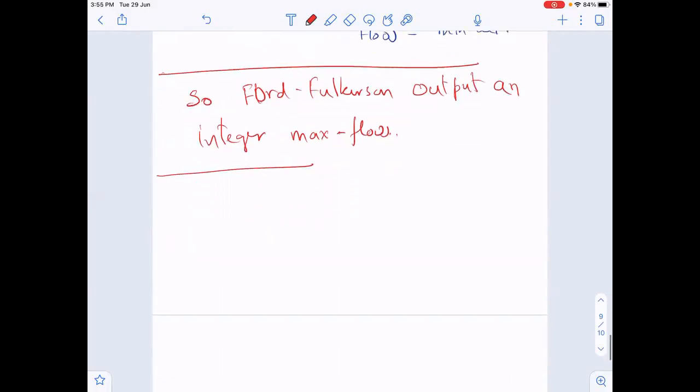Now, what is the running time of that algorithm? Running time, as somebody pointed out, is order of the summation of C of E, right? In fact, if you want, you can write a slightly better one also.